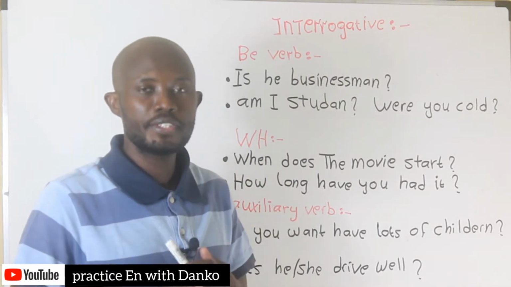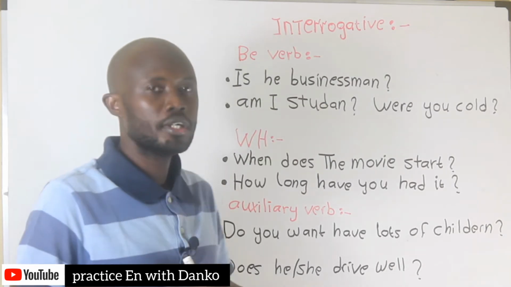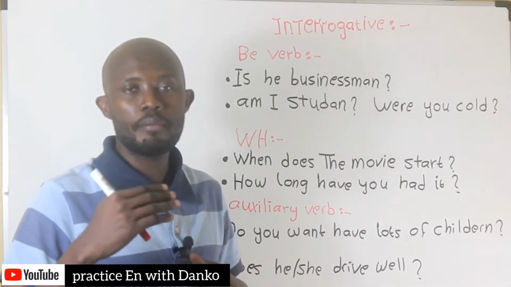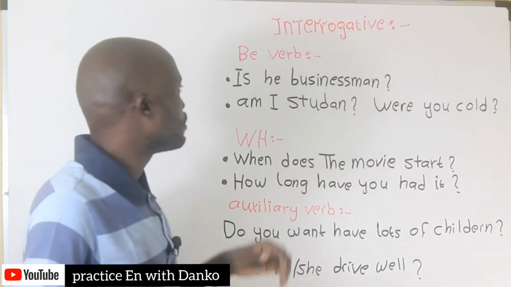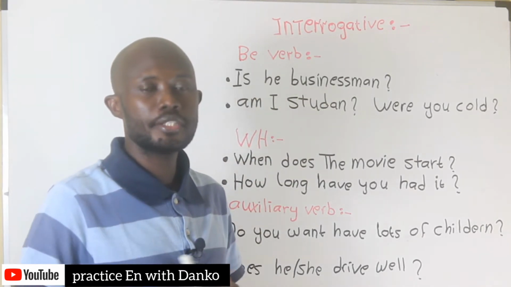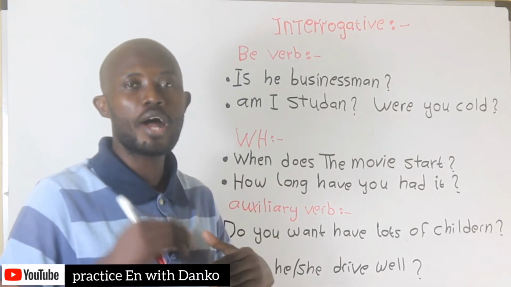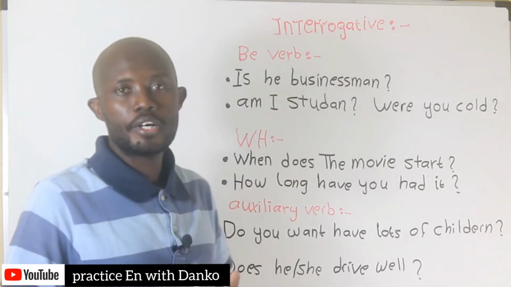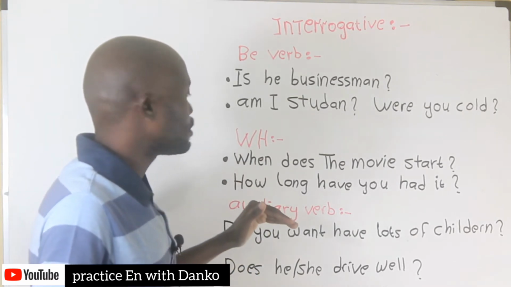This interrogative sentence, is he a businessman? With be verbs, the answer can be yes or no. For example, is he a businessman? Yes, he is. No, he is not. So here we use interrogative sentences with what? Be verbs. Okay, good. Let's move to the next.